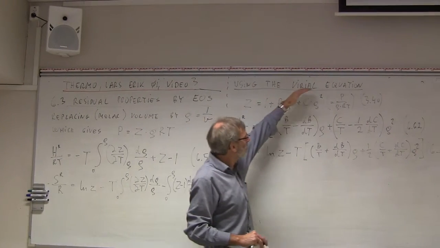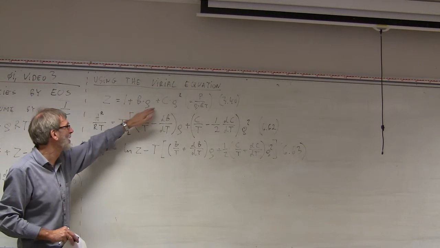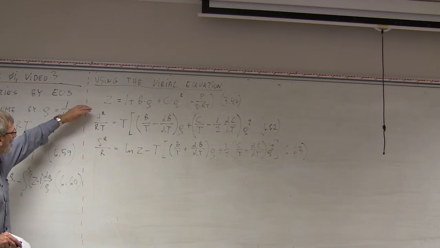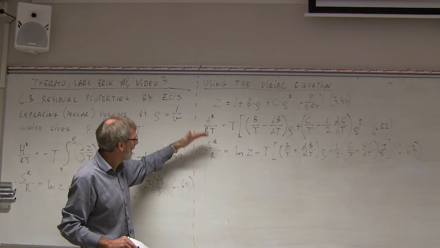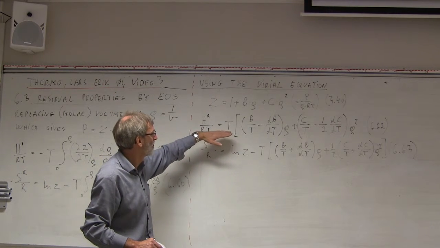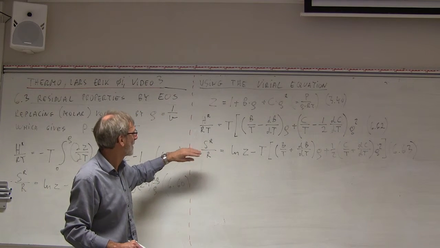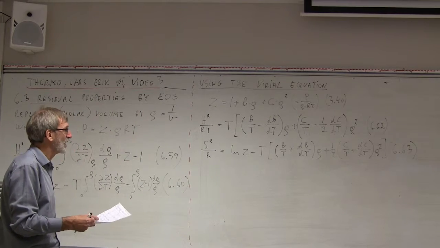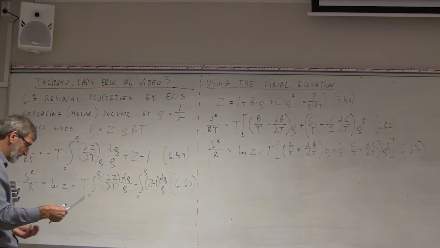Using the virial equation, which is explicit in rho, we can calculate the residual enthalpy and the residual entropy explicitly from the parameters in the virial equation, and then they are much simpler to use than these equations.